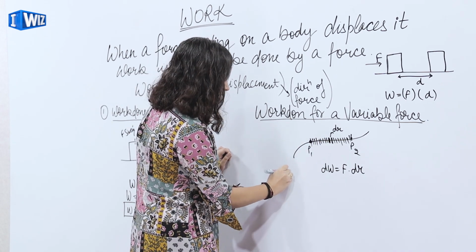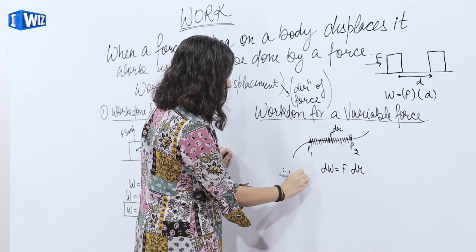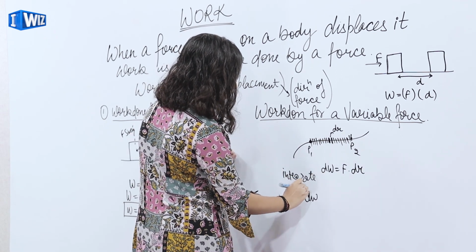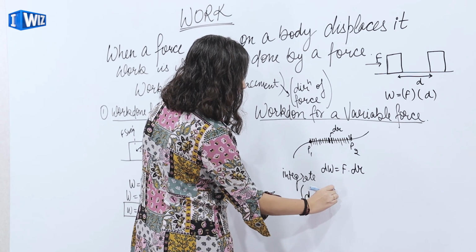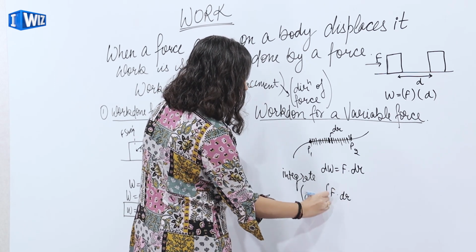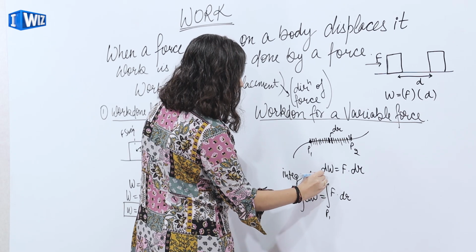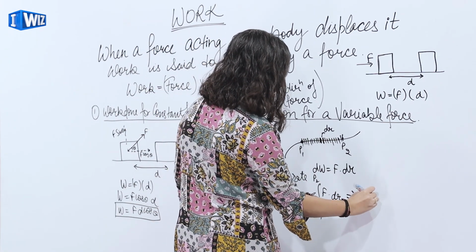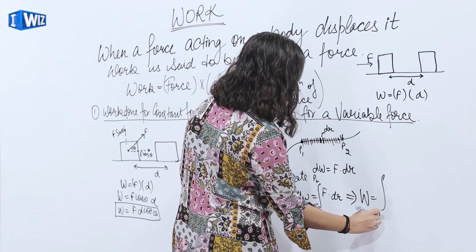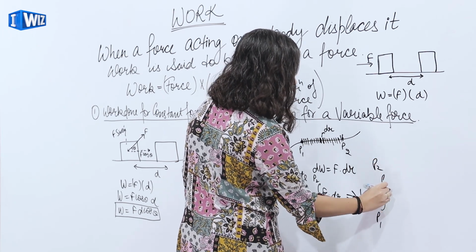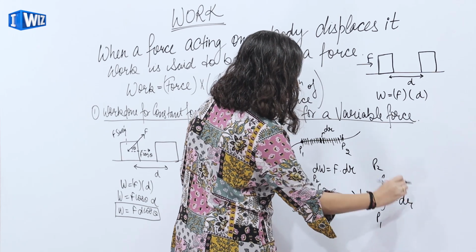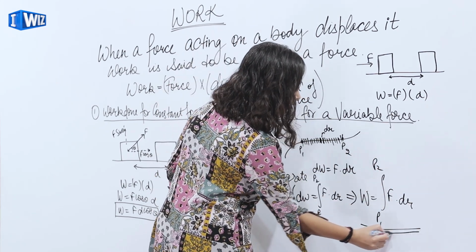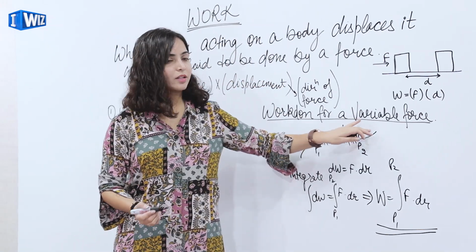Now we'll integrate dW, that is F dot dr, from point 1 to point 2, and we'll get work done is equal to the integration from point 1 to point 2 of force into displacement. So this is my work done when a force is variable.